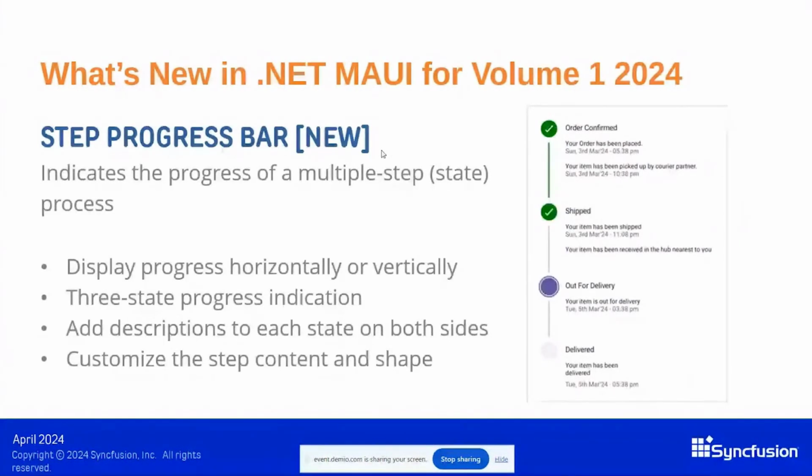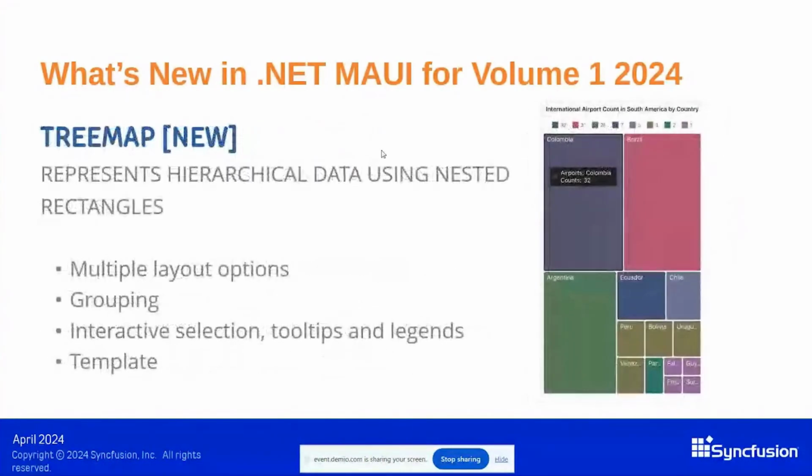And you can customize the step content and shape. And tree map is used to represent hierarchical data using nested rectangles. The key features provided are multiple layout options, grouping, interactive selection, tooltips, and legends. We have also provided template support.